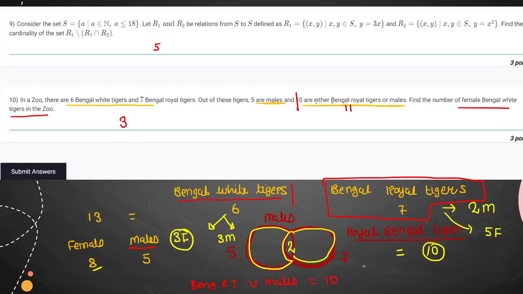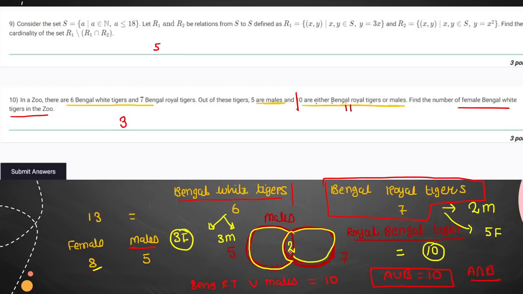Let us suppose this is A and this is B, so A union B gives 10, and we know the values for A and B, so we can find A intersection B.